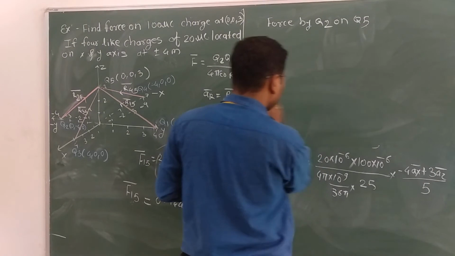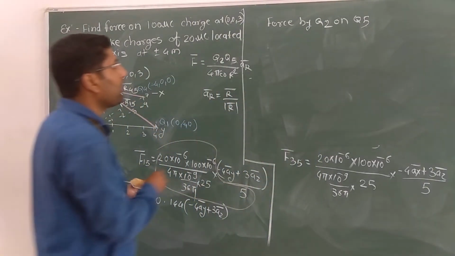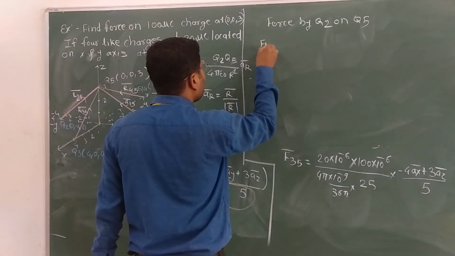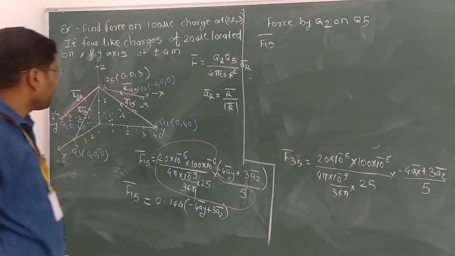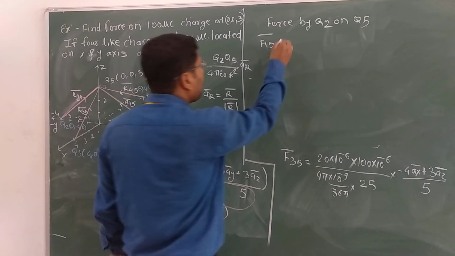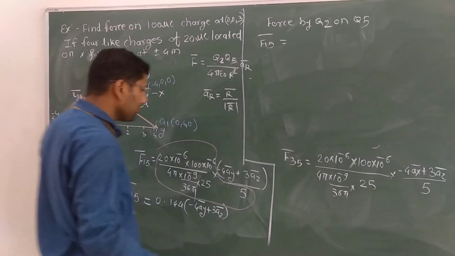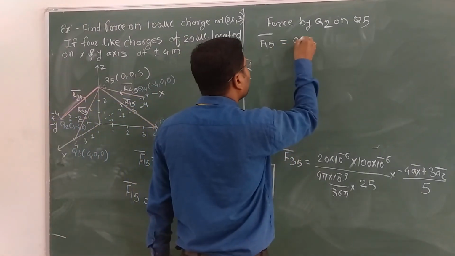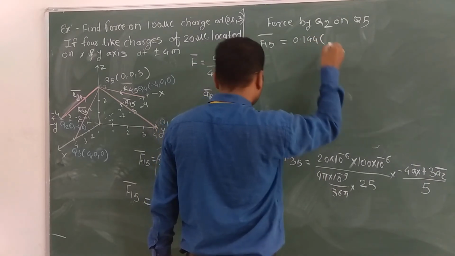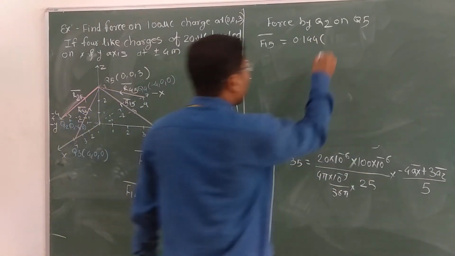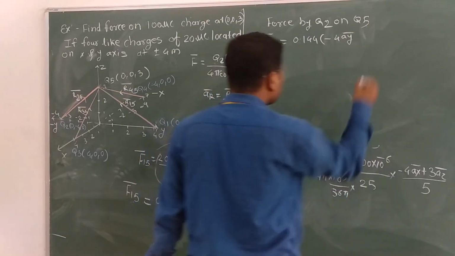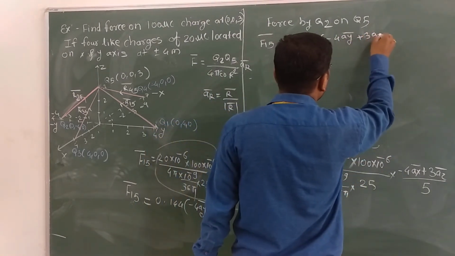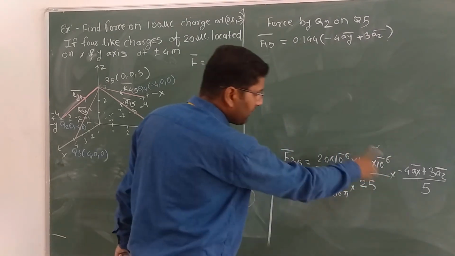For that purpose, I will write this F15 bar again. F15 bar we have calculated here: 0.144 into minus 4 ay bar plus 3 az bar. I hope you have done this calculation.